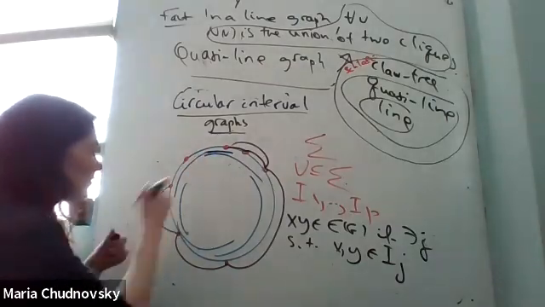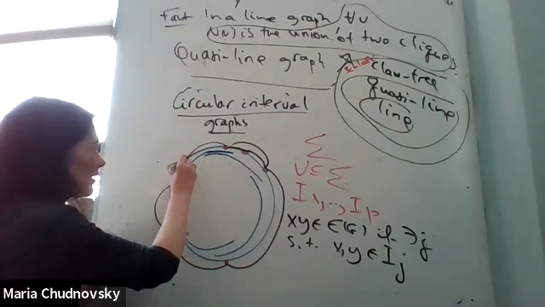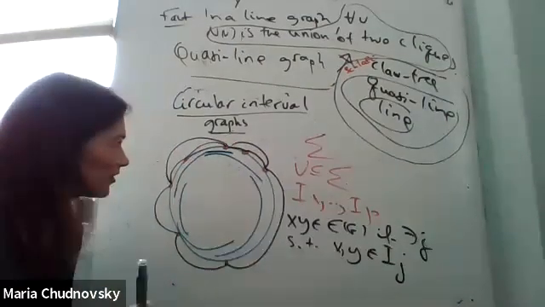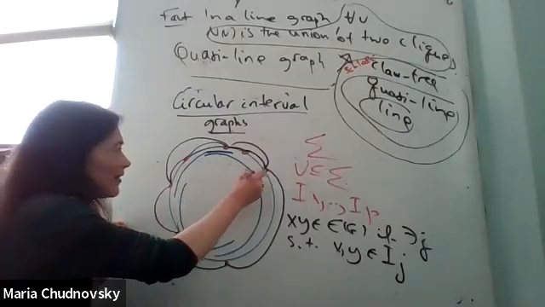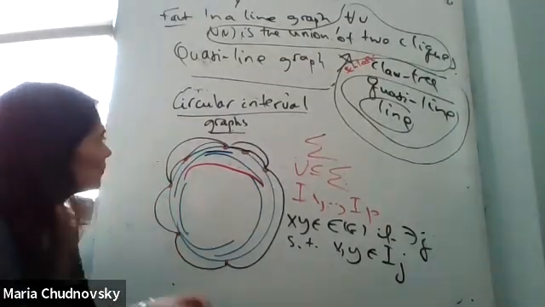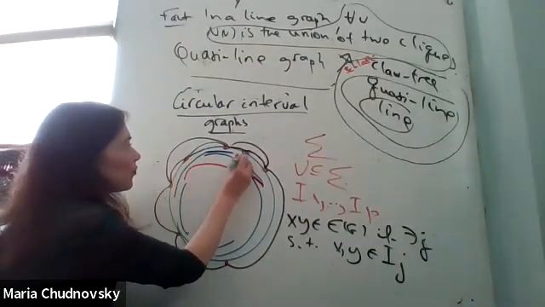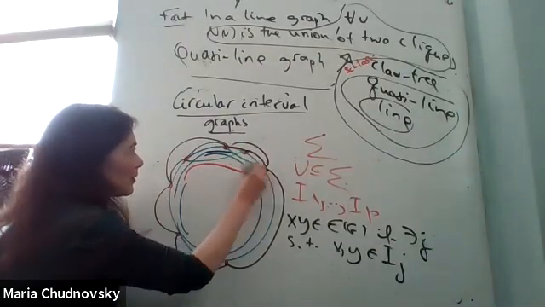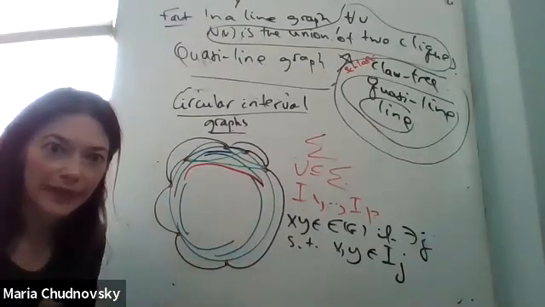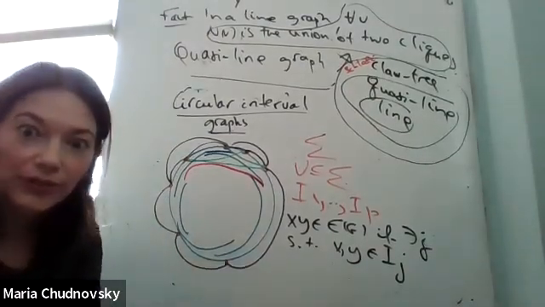These three are adjacent because they belong to this interval. And you could make it more interesting than that. This interval would tell me that actually those four are a clique. Right? So that's a circular interval graph.